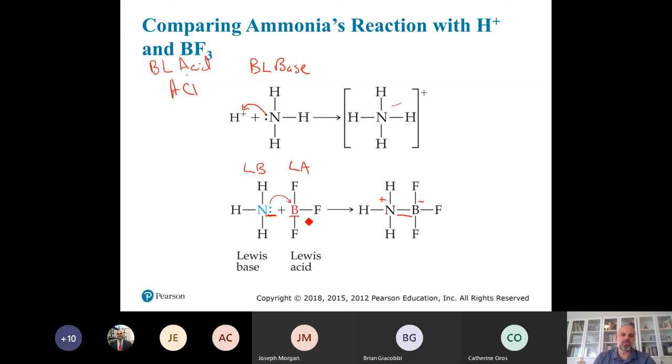And any substance, in this case boron, that's able to accept that lone pair is going to be considered a Lewis acid. So acids are going to accept electron pairs. That's why a proton is accepting a set of lone pairs here. It acts as the Lewis acid, and the ammonia is acting as a base in both instances. In the first instance, we can call it a Bronsted-Lowry base. In the second instance, we're calling it a Lewis base because it's reacting with the Lewis acid.